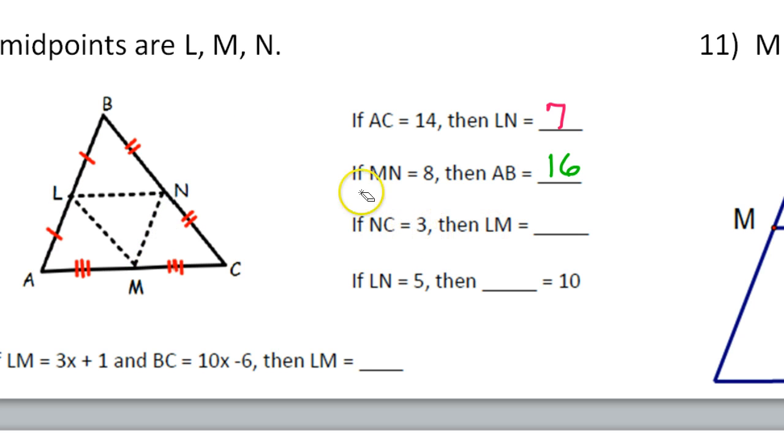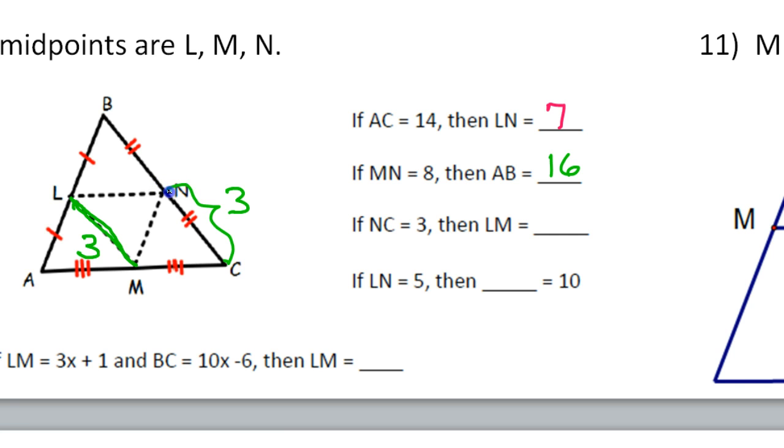If NC is 3, okay, NC is this little piece right here, so if that's 3, then what's going to be LM? Well, LM is going to also be 3 in that case. If you need to, you can think of it this way.